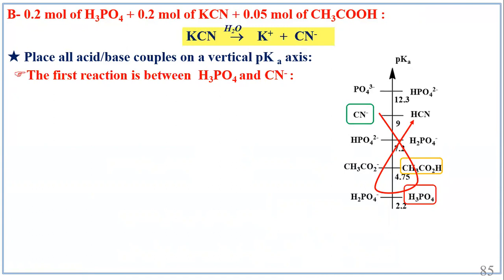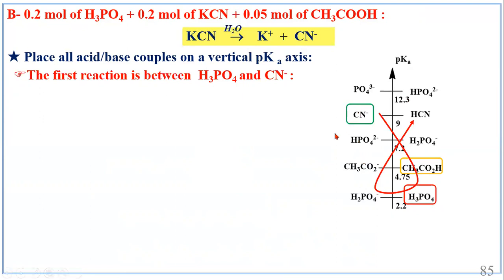I do have water, but it's the weakest of acids or bases, so I don't put it on a pKa scale, so I don't get confused about what species we actually have. CN- is my only base. So no matter what, this base will react with whatever acid is in my system.